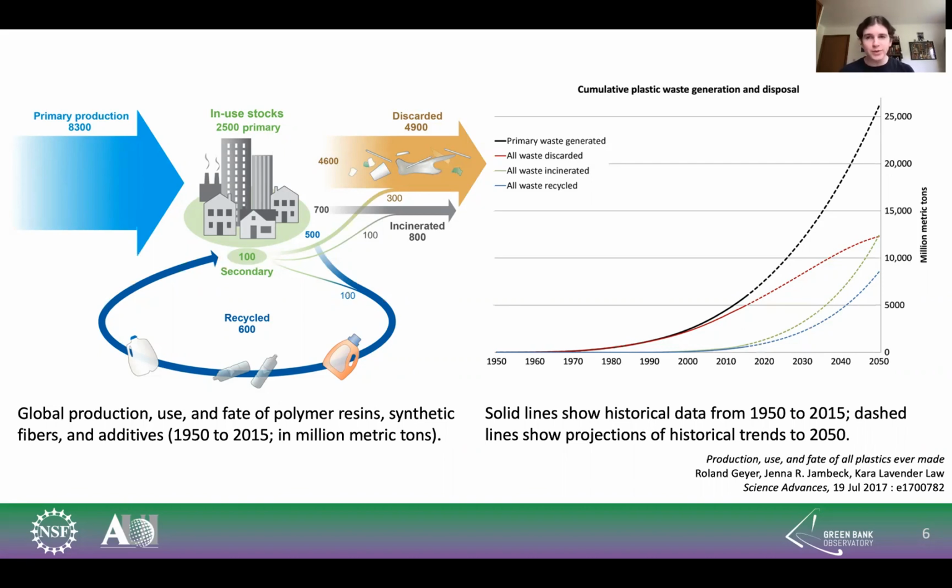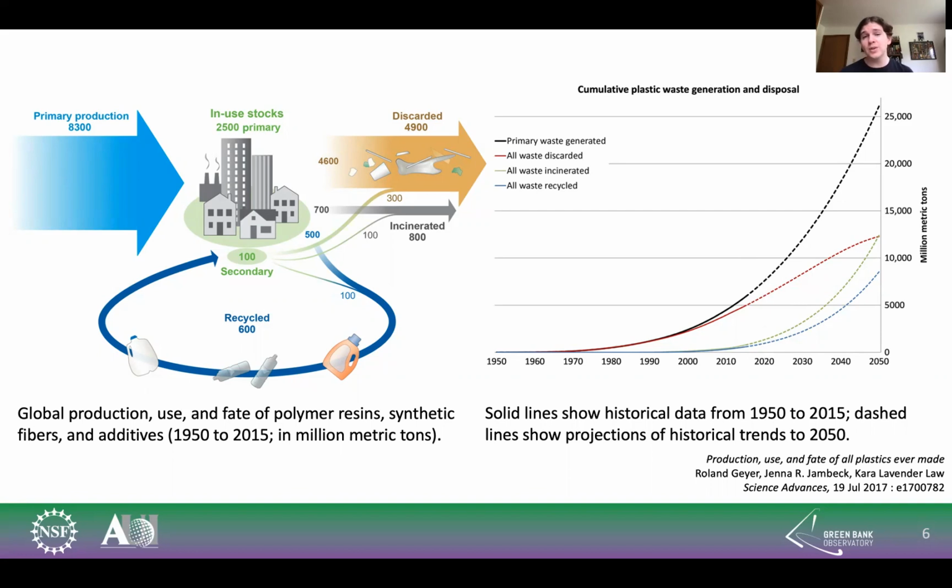Meanwhile, you can also visualize this on the right with this figure showing the exponential growth in plastic waste as compared to the fate of that plastic material. So we're over here just past 2020, in which materials production is rapidly expected to increase.